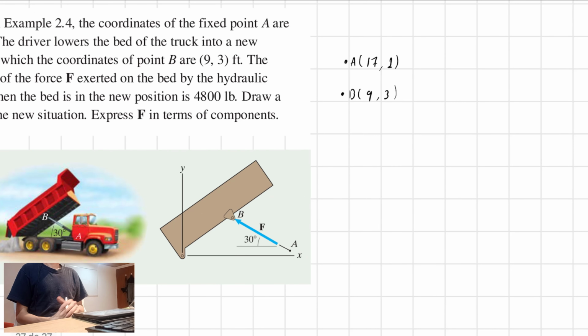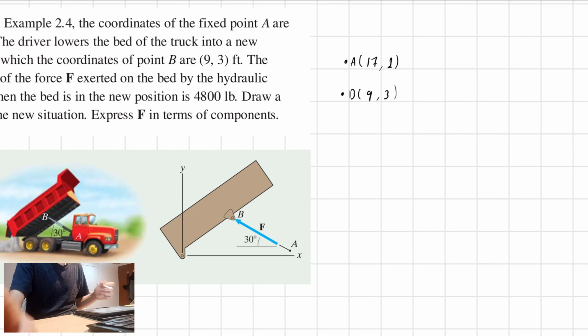I don't know the direction of the vector yet. The way that I'm going to know that is by creating the vector taking into account the coordinates. So all I have to know is that the initial point is A and the final point is B for me to create the vector.